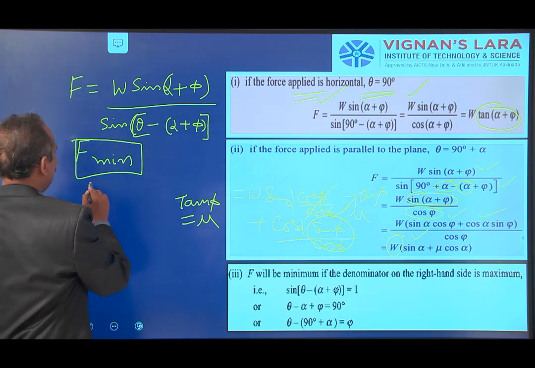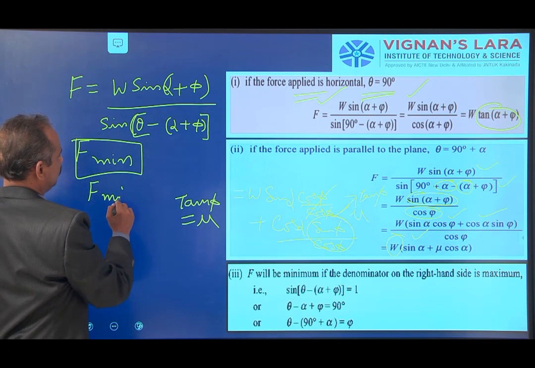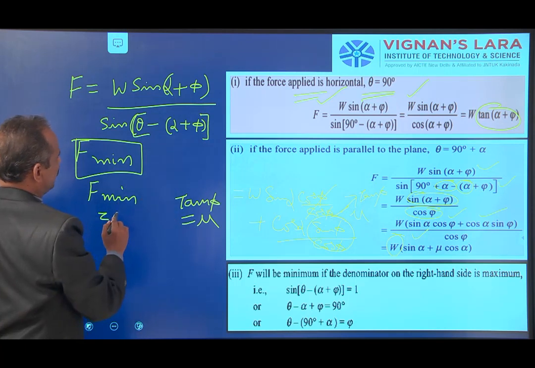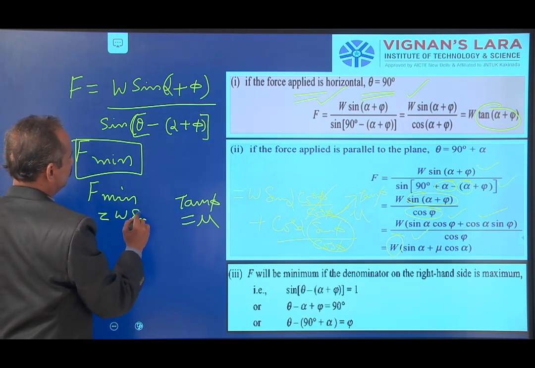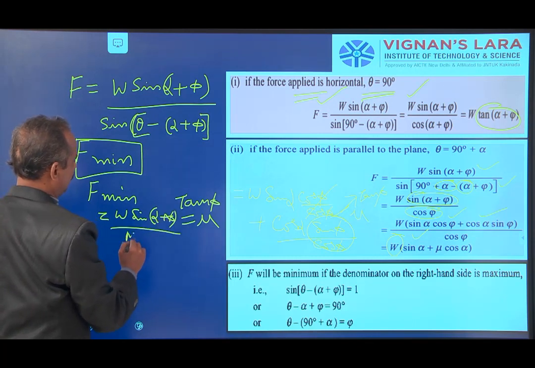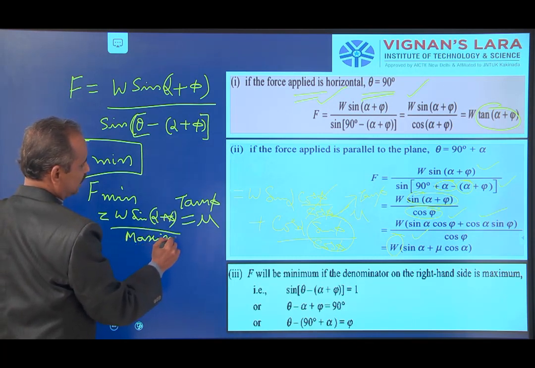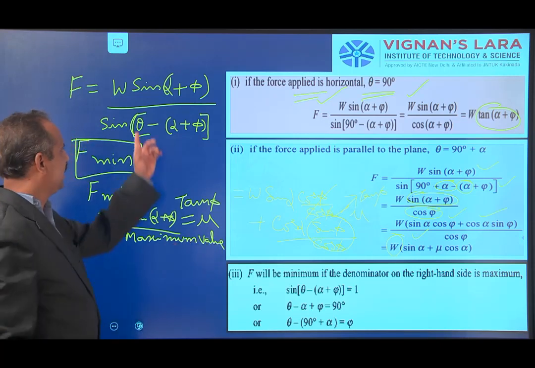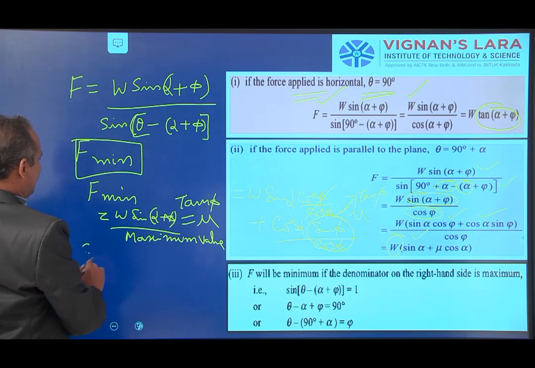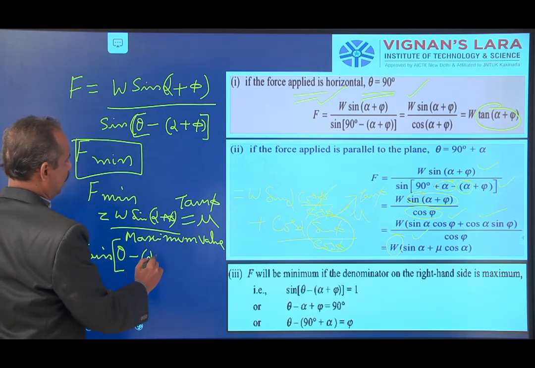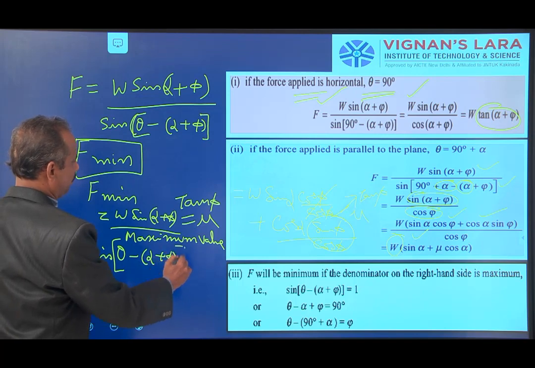So F minimum is W sine alpha plus phi by some maximum value. So when I get this maximum value, sine theta minus alpha plus phi will become maximum.